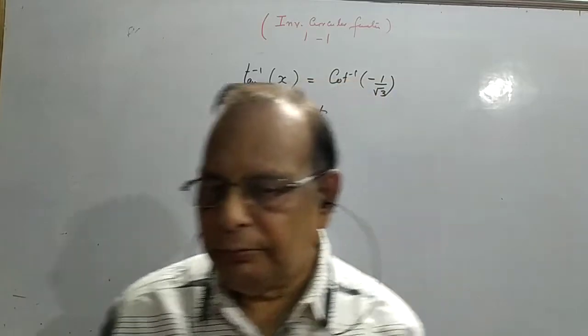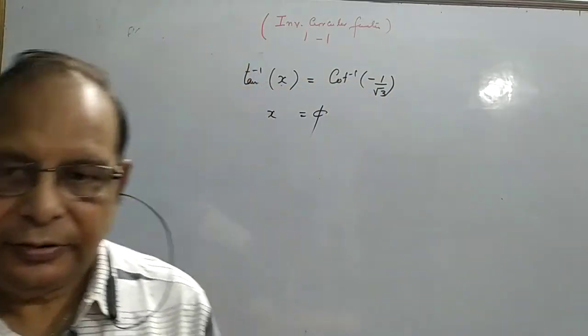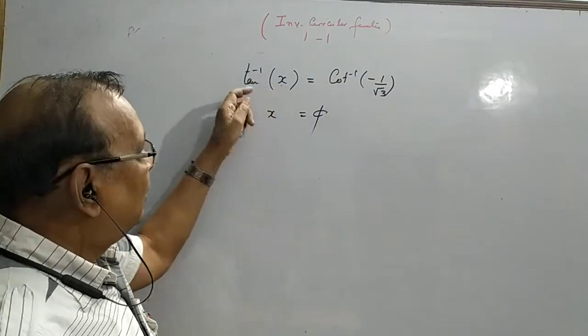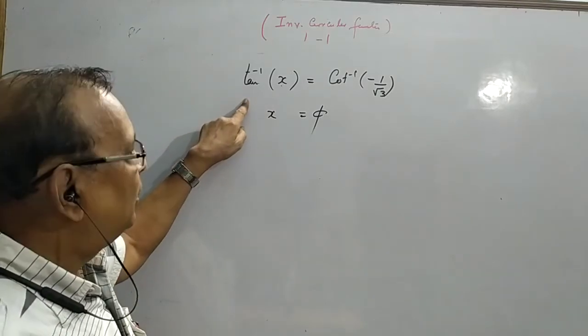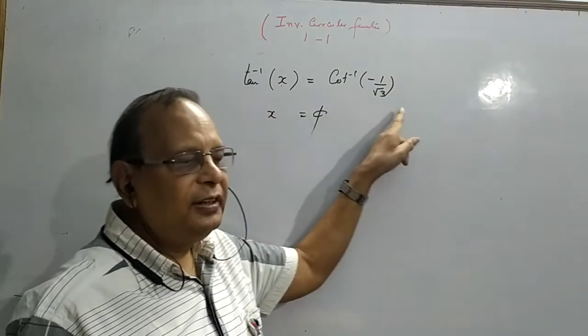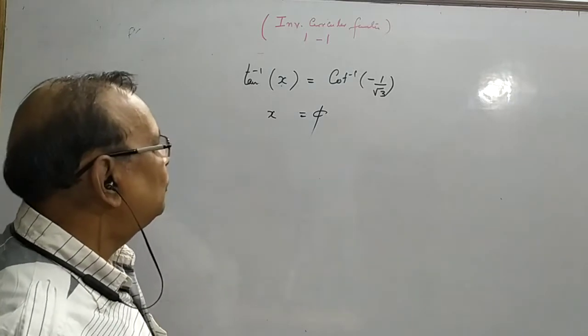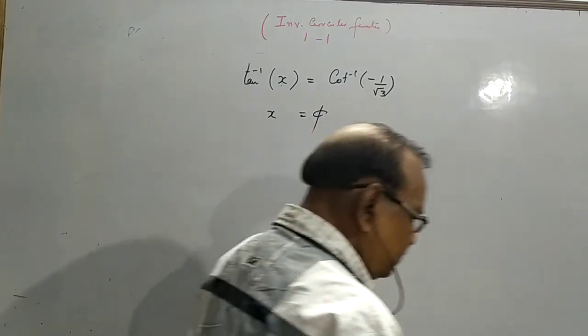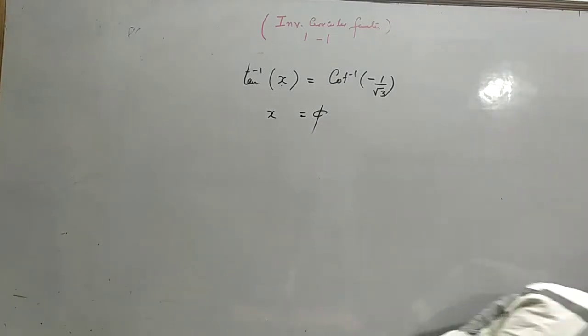That is the main question. What is wrong with it? However, in principal values, most of the candidates write that x is equal to minus 1 upon root 3. That will not happen.